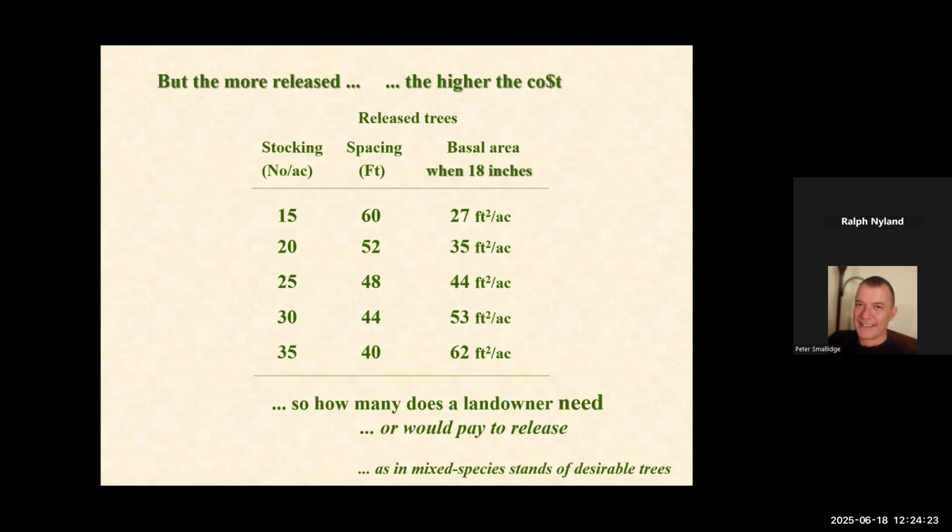And the right-hand column would show the amount of basal area that should be present when those trees reach 18 inches in diameter. So if you release those 35 crop trees at 40-foot spacing, you should end up with about 62 square feet per acre. So one needs to ask, how many of the released trees does the landowner really need, or how many would the landowner pay for?